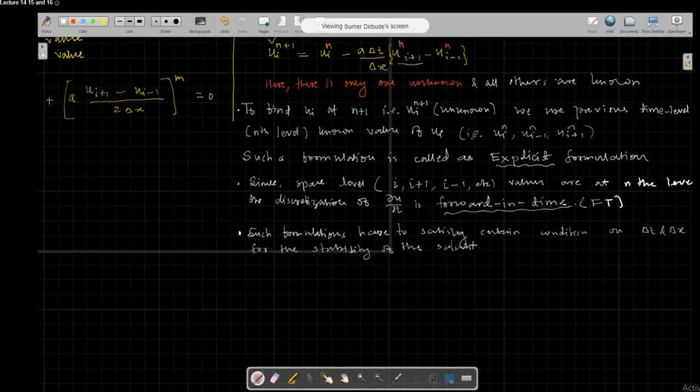And we know that if the solution is not stable, then we may not get convergence. So stability is an important criteria, the most important criteria to get a converged solution. Stability of the solution.